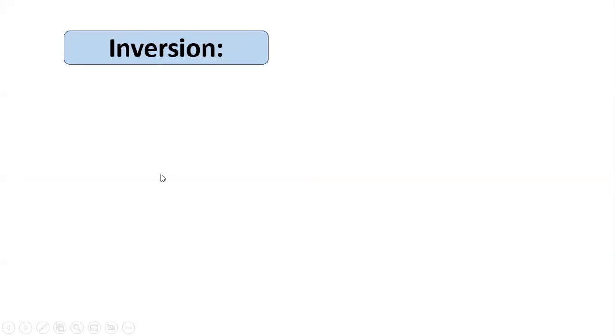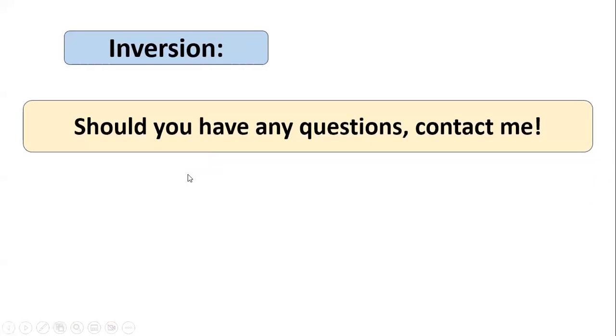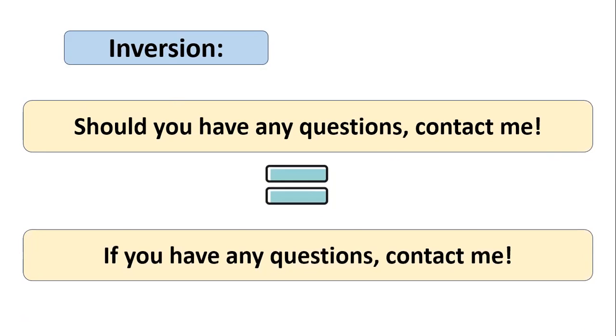One more thing is about inversions, because I've seen this in some of the final exams, okay? You have to be familiar with things like these. For example, this is a conditional. Should you have any questions, contact me. What does this mean? It simply means if you have any questions, contact me.